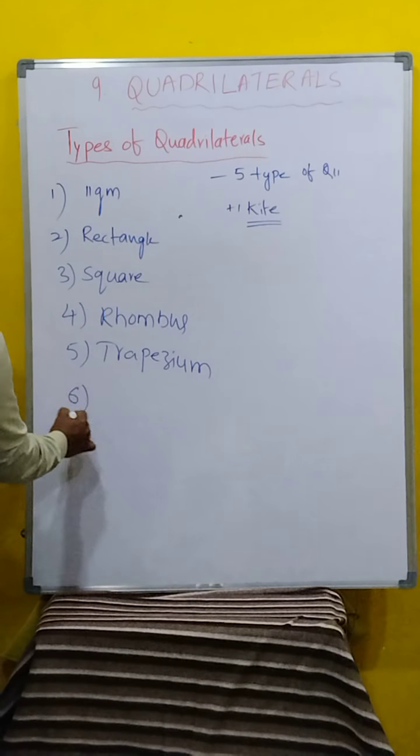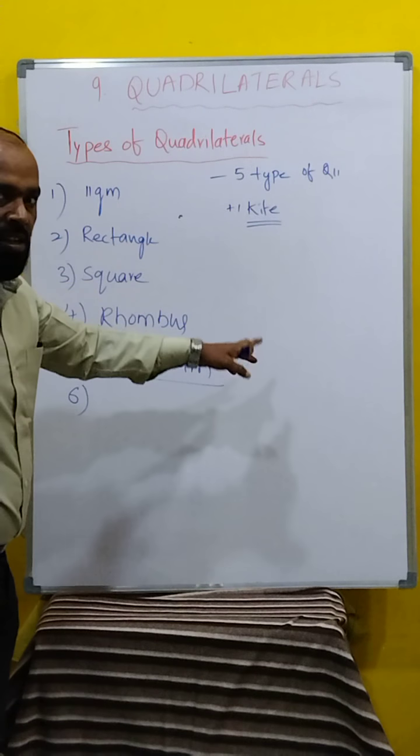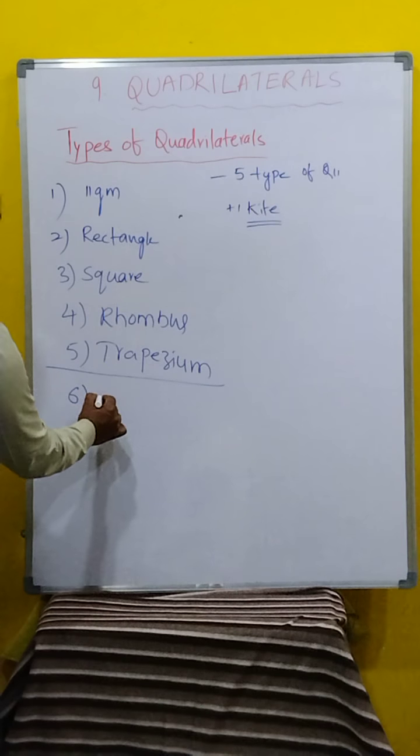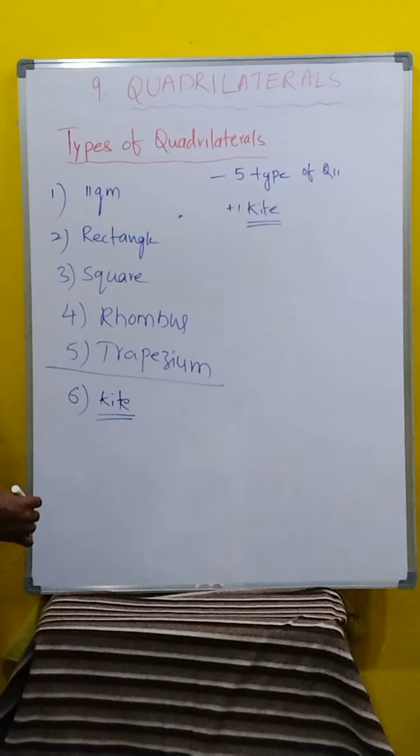Kite. Here 5 total types of quadrilaterals, but kite is also one type of quadrilateral, but it is a special case. That is what? Kite. Clear children? Yeah. Total 6 types of quadrilaterals we have.